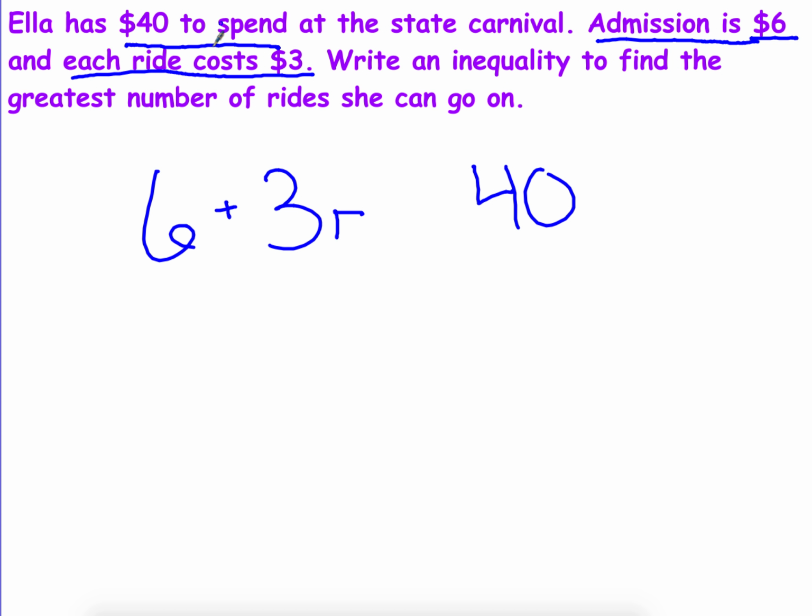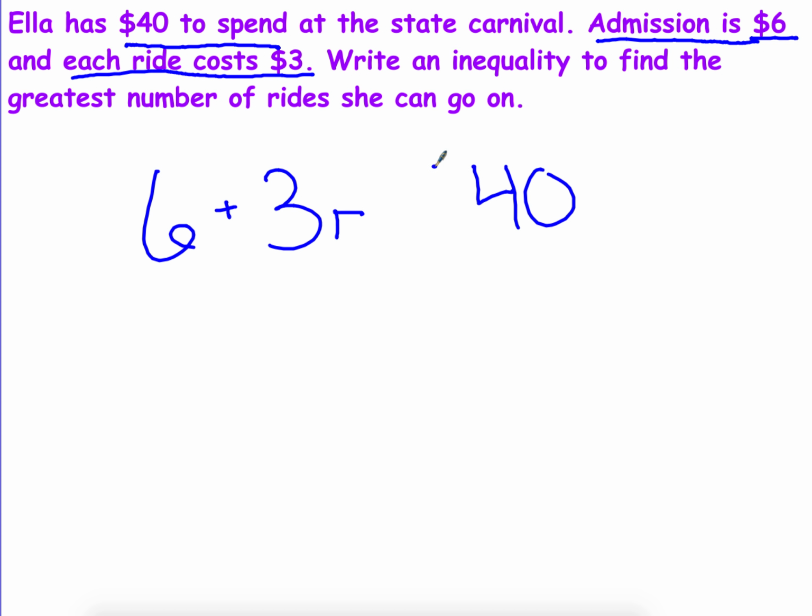Well, let's think of it like this. If you only have $40, are you able to spend more than the amount of money that you have? The answer is no, I cannot. If $40 is the maximum amount of money I have, that means I cannot spend more on this side. So $40 is my total amount of money. I cannot spend more, and this is how much money Ella is spending. Ella is going to spend $6 to get in, plus $3 for every ride.